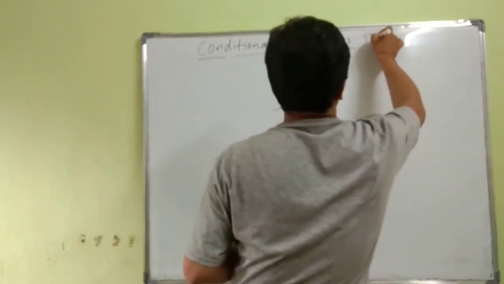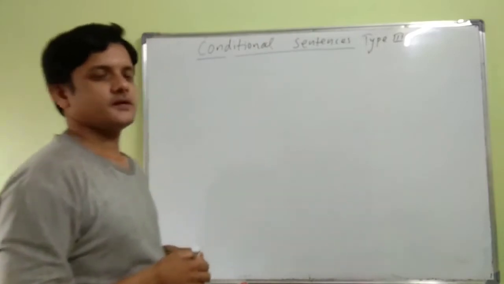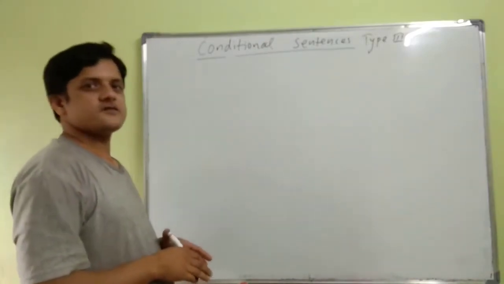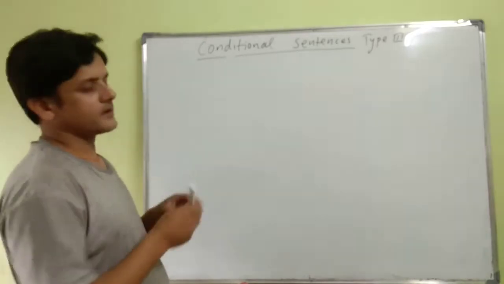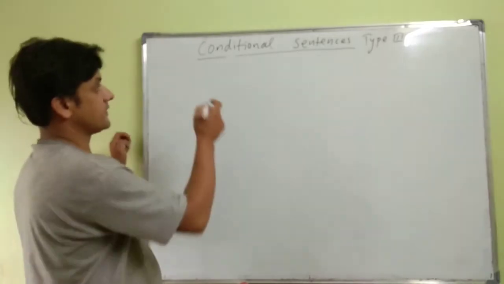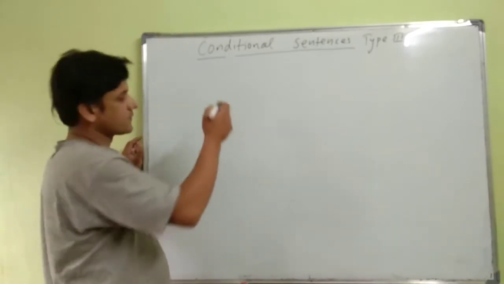Type 3. We will see here on the basis of the conditional probability. And let's begin with type 2, it will be easier for us. So can you make one sentence using type 2?